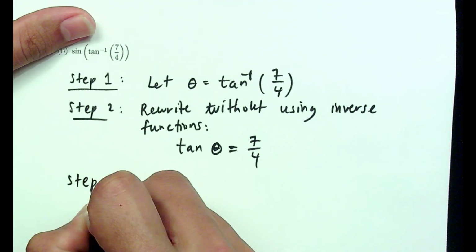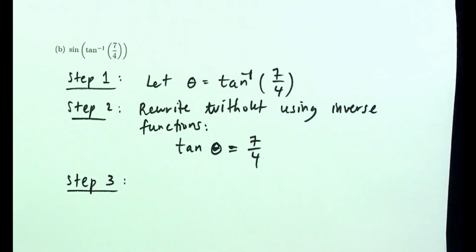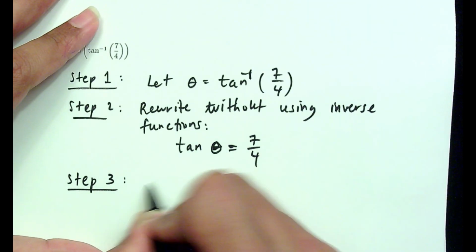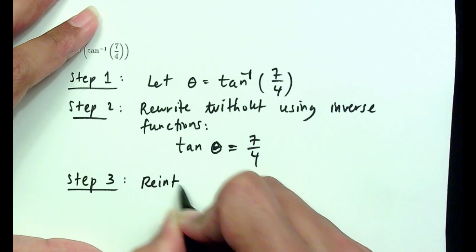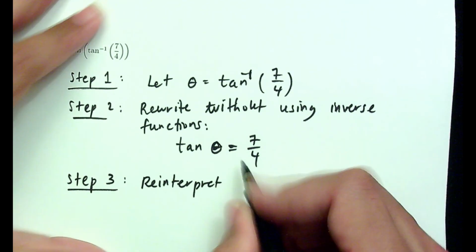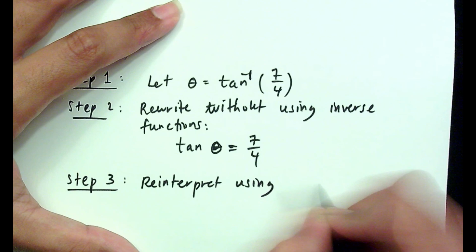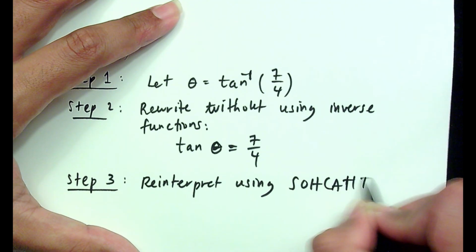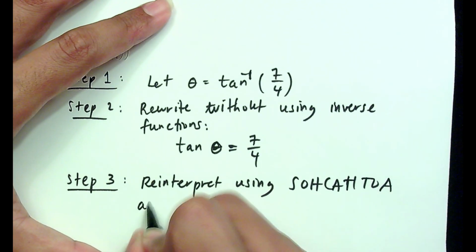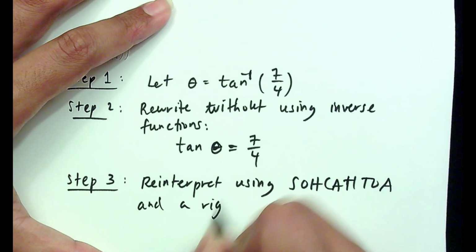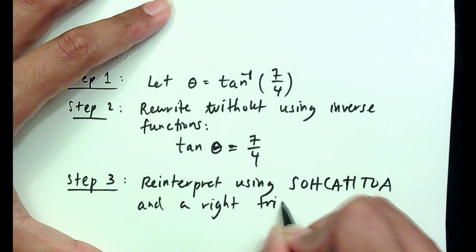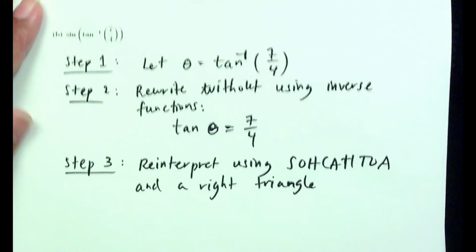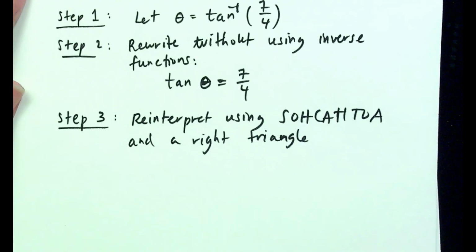Step 3. You're going to reinterpret this equation using SOHCAHTOA and a right triangle.